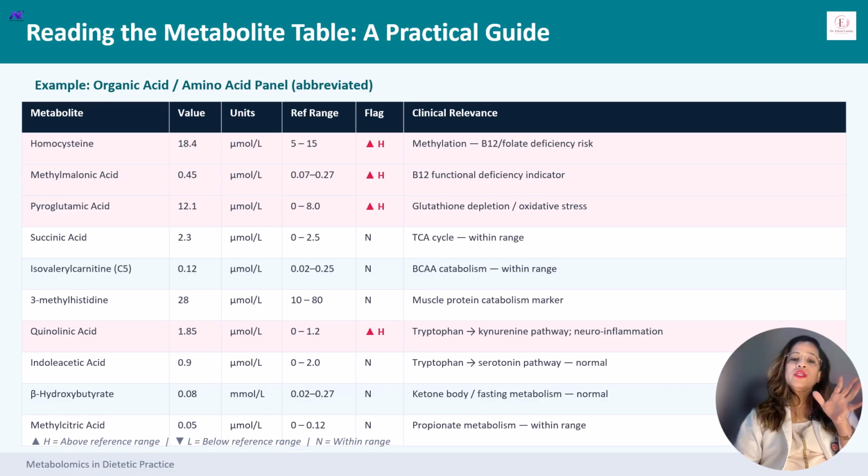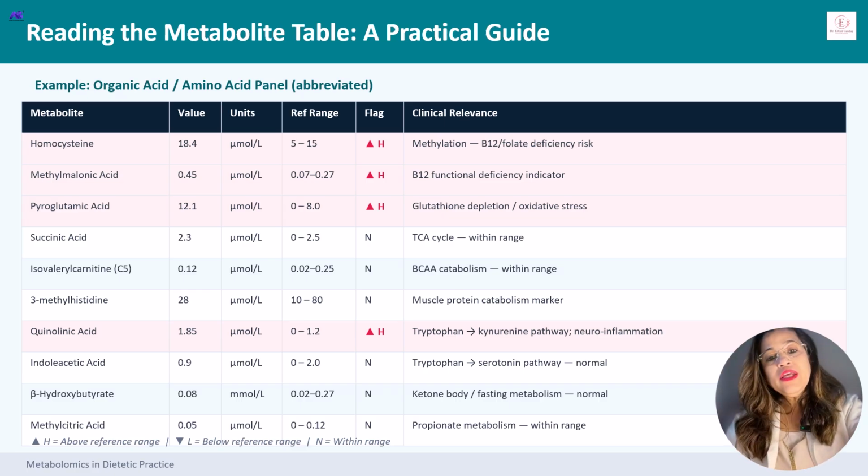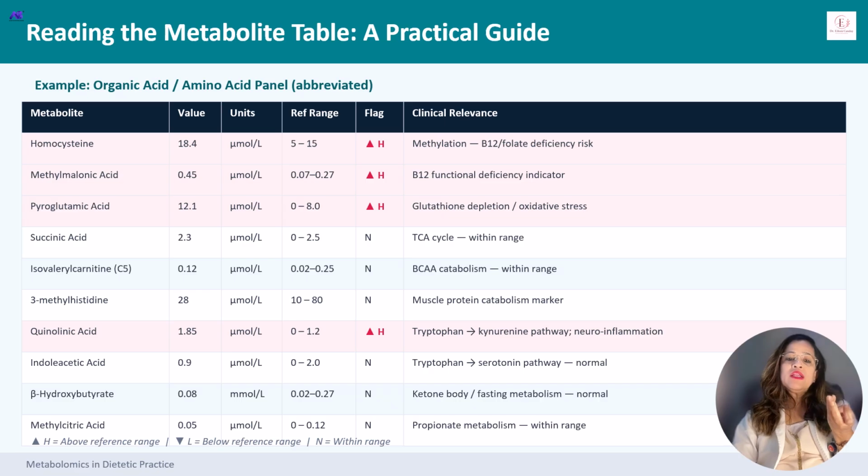We know what glutathione and NAC are, and they indicate oxidative stress, or sometimes even excessive paracetamol usage. So, what is the dietary action? Here, the dietary action would be to increase the sulfur-rich foods. What are the sulfur-rich foods? Garlic, onion, cruciferous vegetables, and some amount from whey proteins as well.